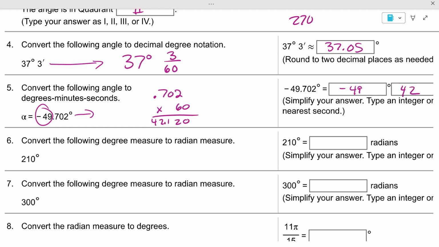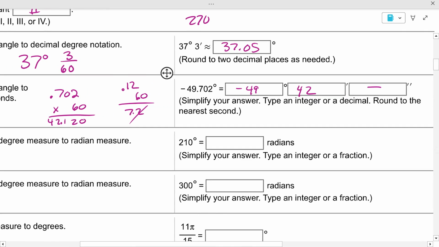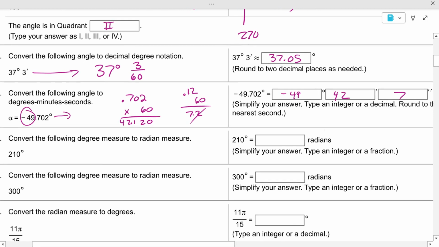So the 42 goes in here, and you take the 0.12 and multiply that times 60, and you get 7.2. And then you round to the nearest whole number, which is 7. So that's 49 degrees, 42 minutes, and 7 seconds.